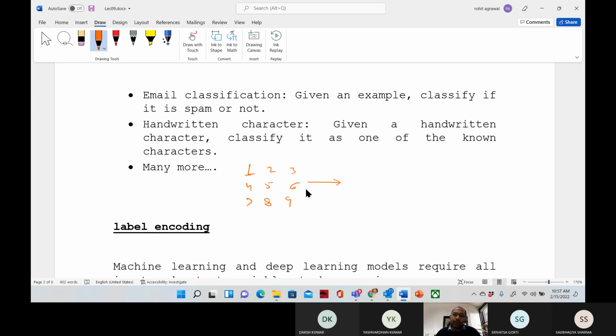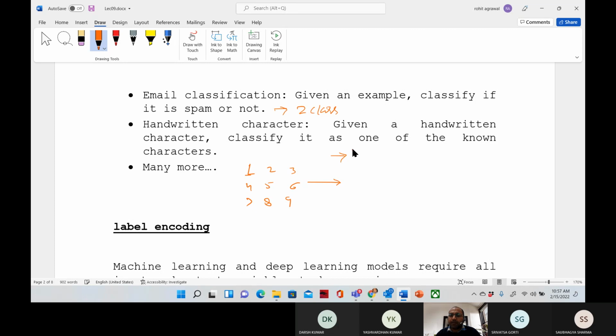So in case of classification, how many classes can we have? It depends on the question. In case of email classification, how many classes are there? Two. There are two classes, whether it is spam or not spam. In case of handwritten characters, it depends how many characters.